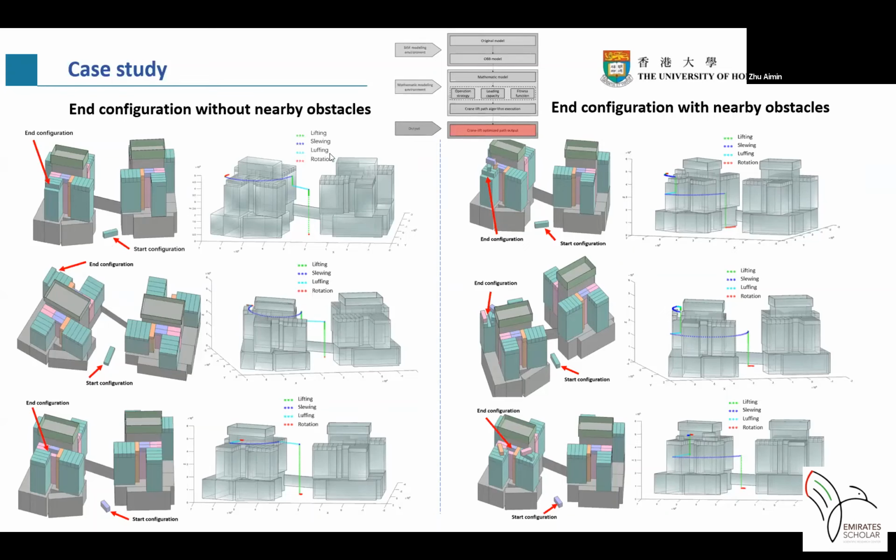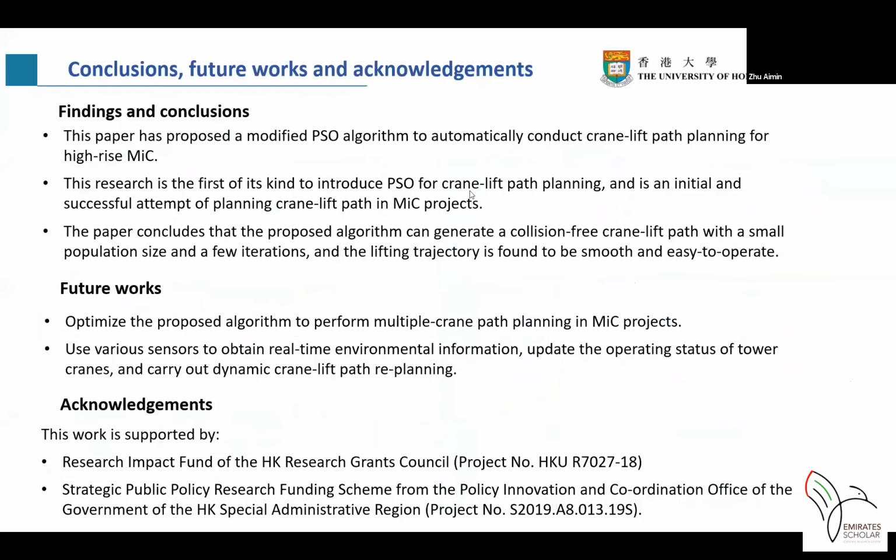So you can find that no matter whether the end configuration is with or without nearby obstacles, it can find an optimized collision-free path easily. And these path trajectories are smooth and easy to operate for crane operators.